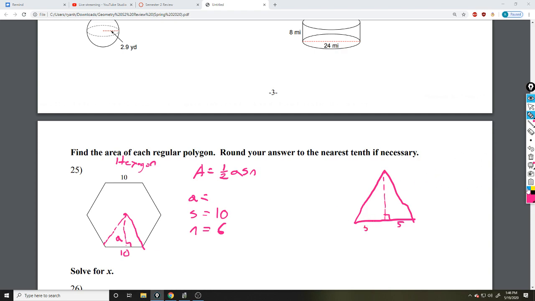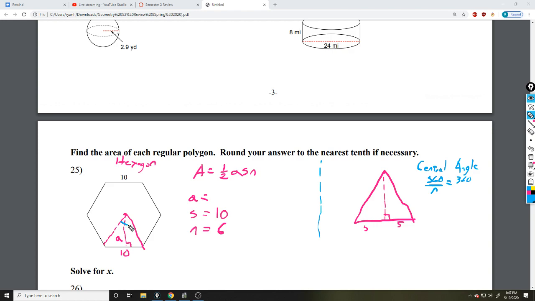And what we did was we found our central angle. So I'm going to separate this out here. Central angle was 360 divided by the number of sides. And that's because all the way around is 360 degrees.